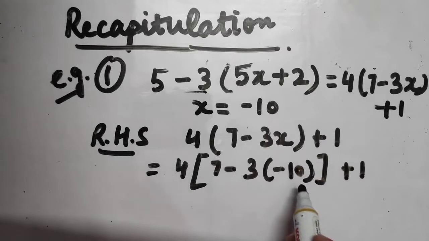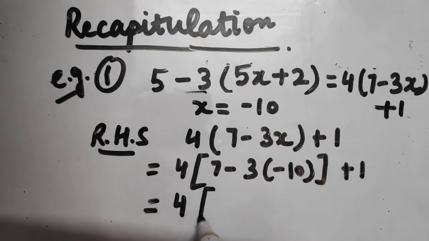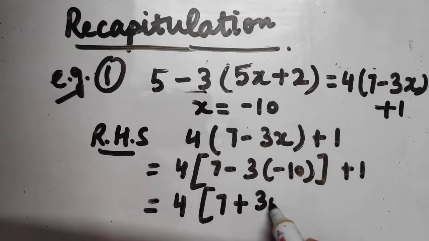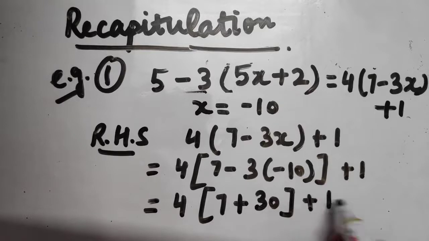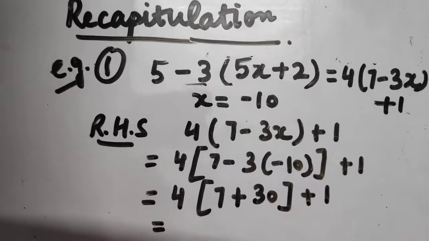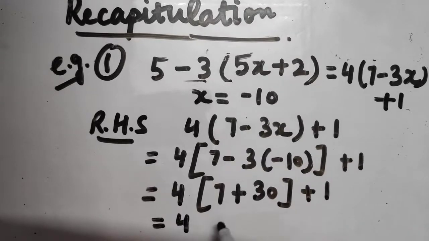As we are supposed to put x is equal to minus 10, that is further equal to 7 minus minus, it will be plus 3 into 10 is 30, plus 1. Further it will be equal to 4 into 37 plus 1.